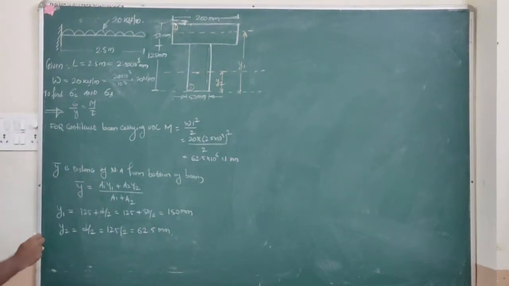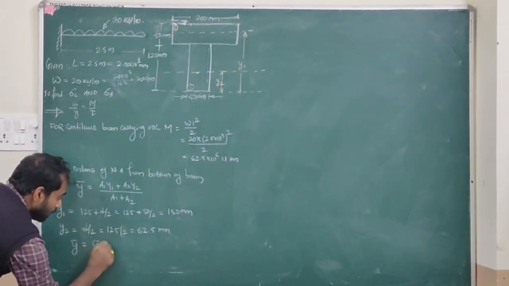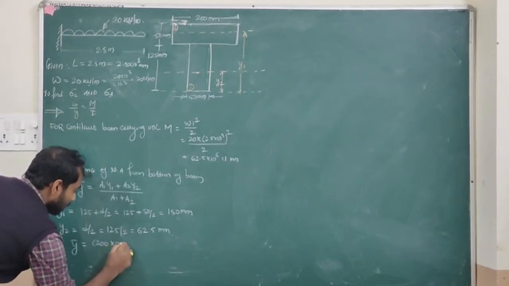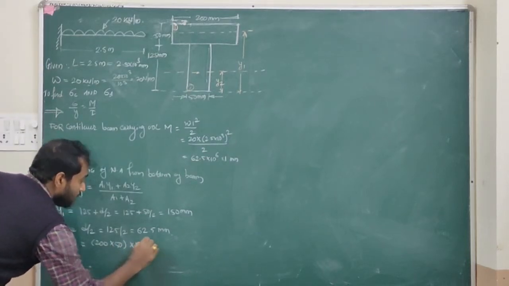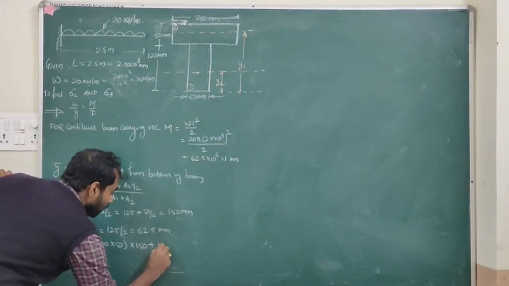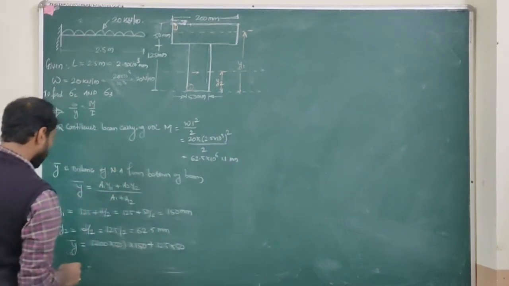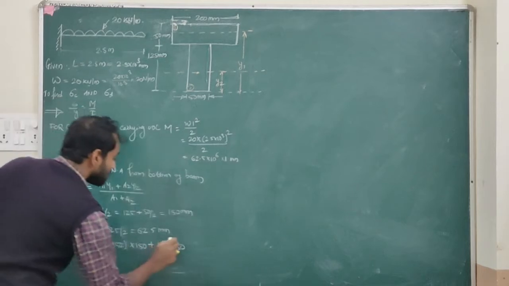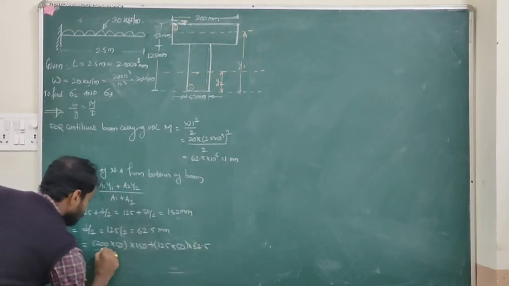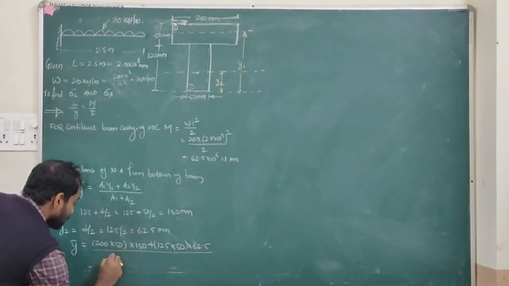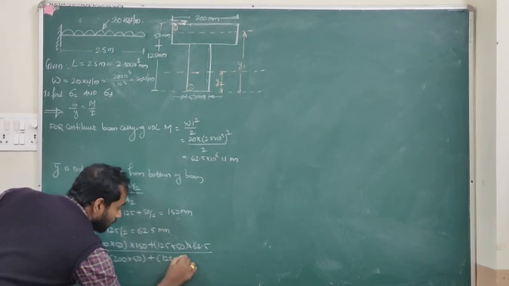So therefore the value of y bar is equal to a1y1. For the first case, the area will be 200 multiplied by 50 into y1, so multiplied by 150, plus the second area, 125 into 50, into y2, which is 62.5, divided by a1 plus a2, that is 200 into 50 plus 125 into 50.